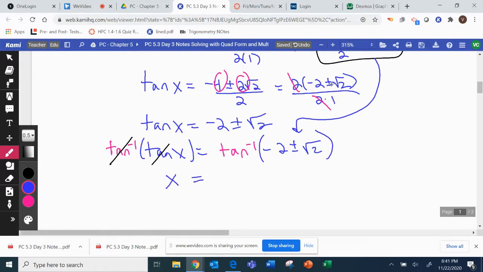So now I will have to use my calculator here. Oops, I'm sorry, I forgot about my tangent. Try that again. We will have to type in tangent inverse of negative 2 minus radical 2, and tangent inverse of negative 2 plus radical 2.